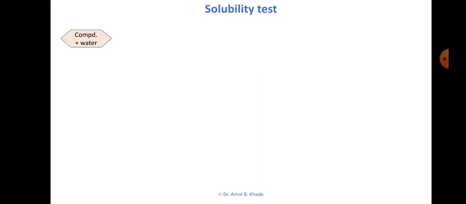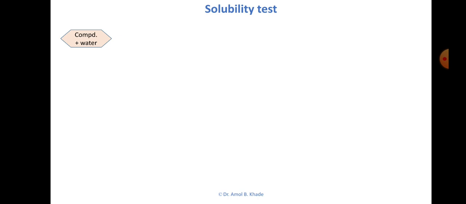So we'll see what a solubility test is and how it helps us get closer to the identity of the compound. As the name implies, we will be checking the solubility of our compound in a suitable solvent. Based on the solubility we can categorize our compound into a particular group.